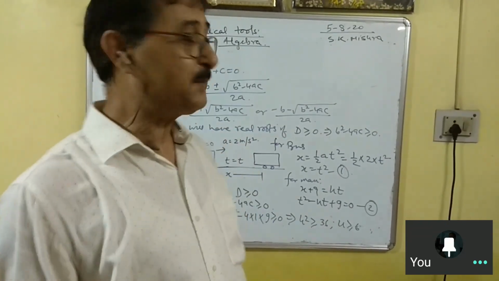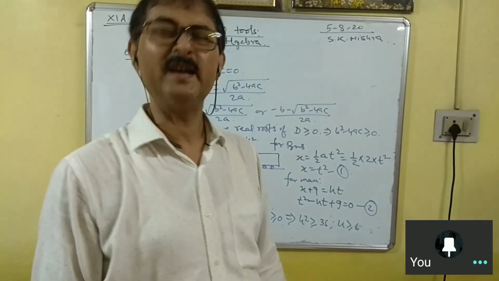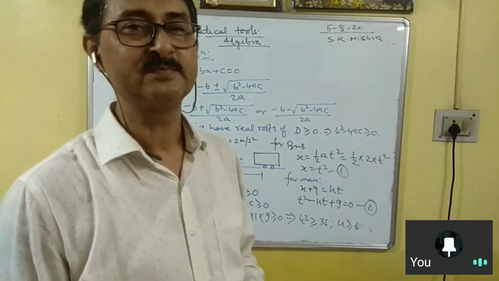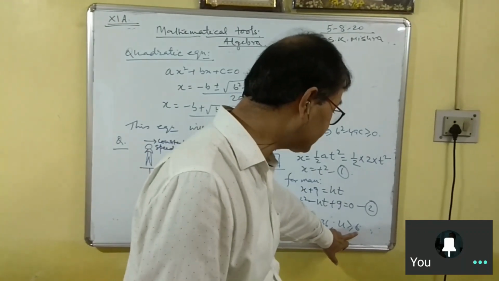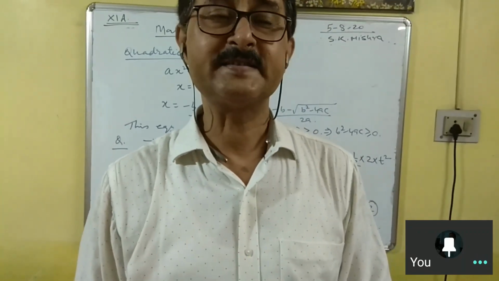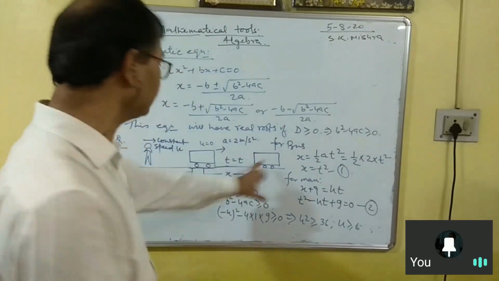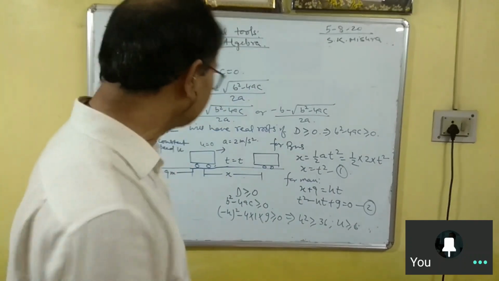And the moment the person starts moving with a speed more than 6 meters per second, he or she will certainly catch the bus. But if he starts running with a speed less than 6, say 5.99, it is impossible for the person to catch the bus. Impossible, because the bus is in accelerated motion.